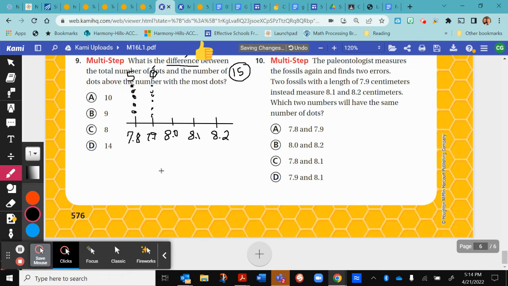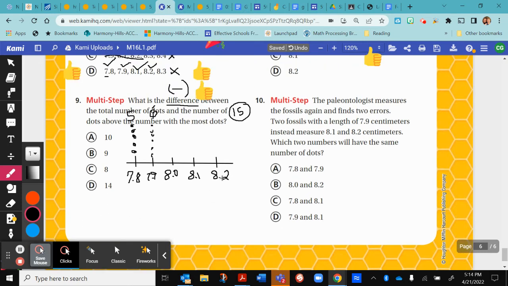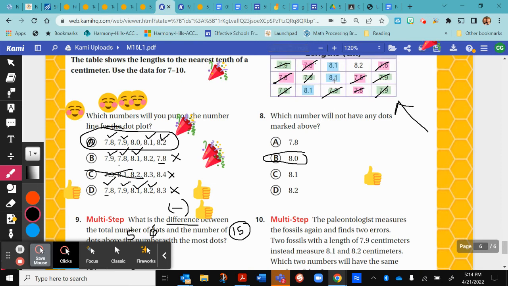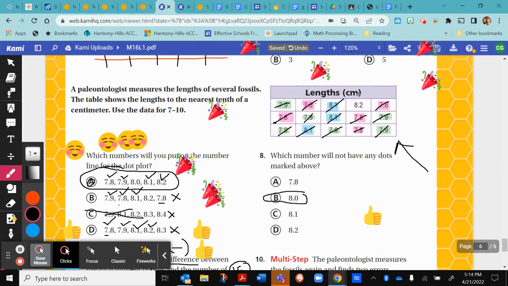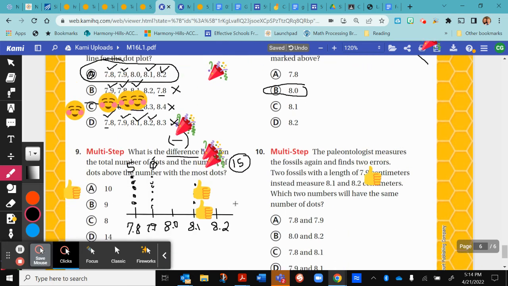And I know I said 9/10. It's 7 9/10. And so we have 0 on the 8, so I'm going to leave that blank. Let's go to the 8 1/10. So it's 1, 2, 3 of them. And then I have only 1 on 8 and 2/10.